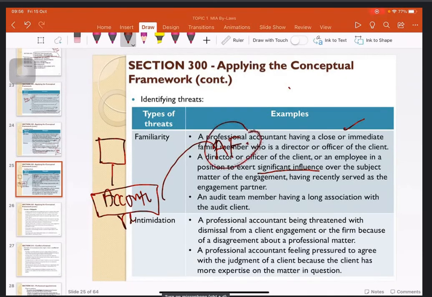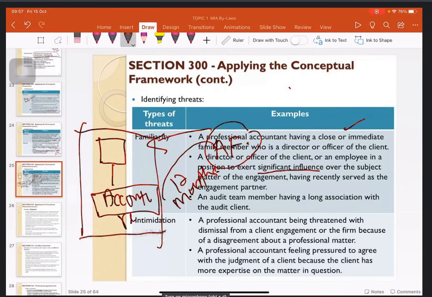Bila you join audit firm, dalam masa 12 months, dalam segi law, you are still considered sebagai deemed to be the officer of the company. So bila you join audit firm, you cannot audit this client because you dah familiar dengan company ni. Kalau you nak audit, you kena tunggu 12 months.